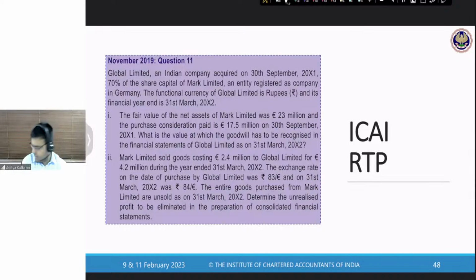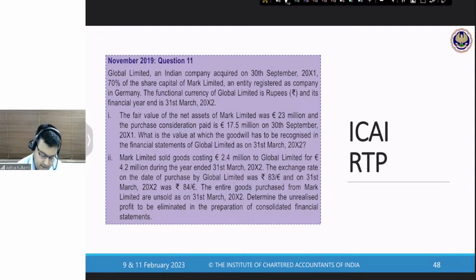Global Limited, an Indian company, acquired on 30th September 20X1, 70% of the share capital of Mark Limited, an entity registered in Germany.